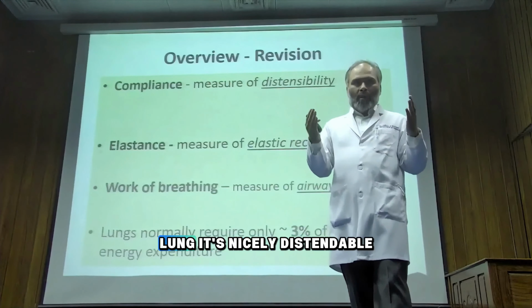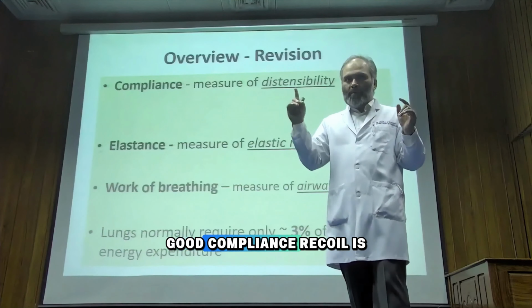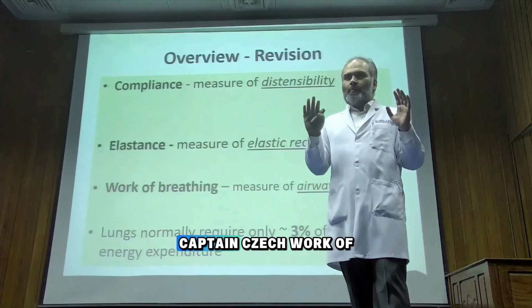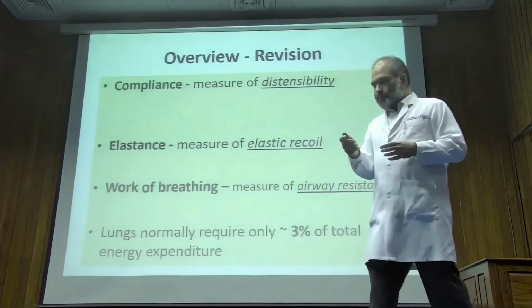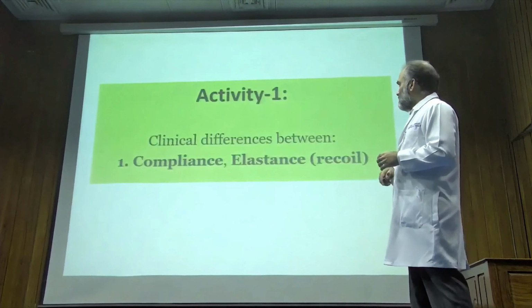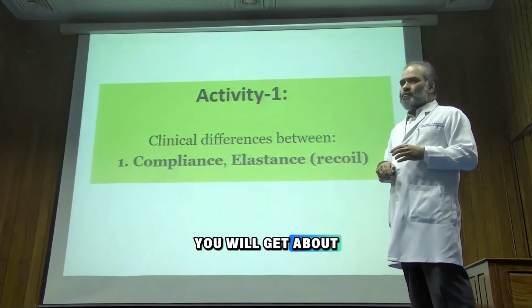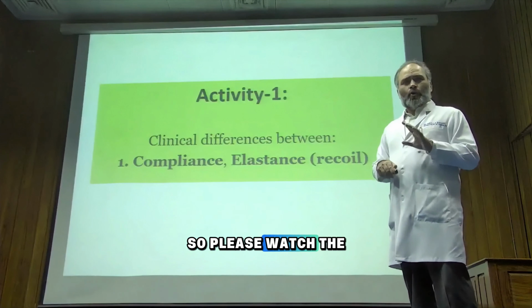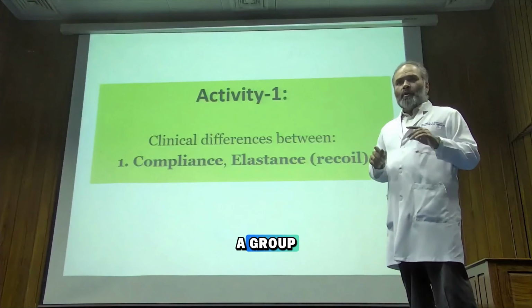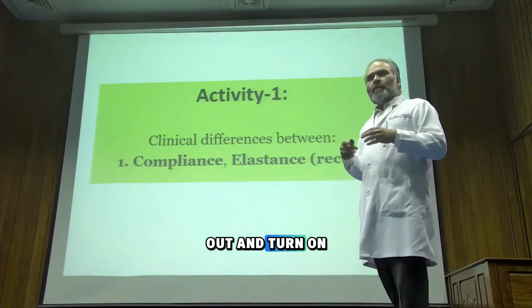This is a normal lung. It's nicely distendable, good compliance, recoil is kept in check, work of breathing kept in check. With this information, let's dive in. You will get about 10 minutes per activity. So please watch the time. Work as a group, take papers out, pencils out, and turn on your brains.